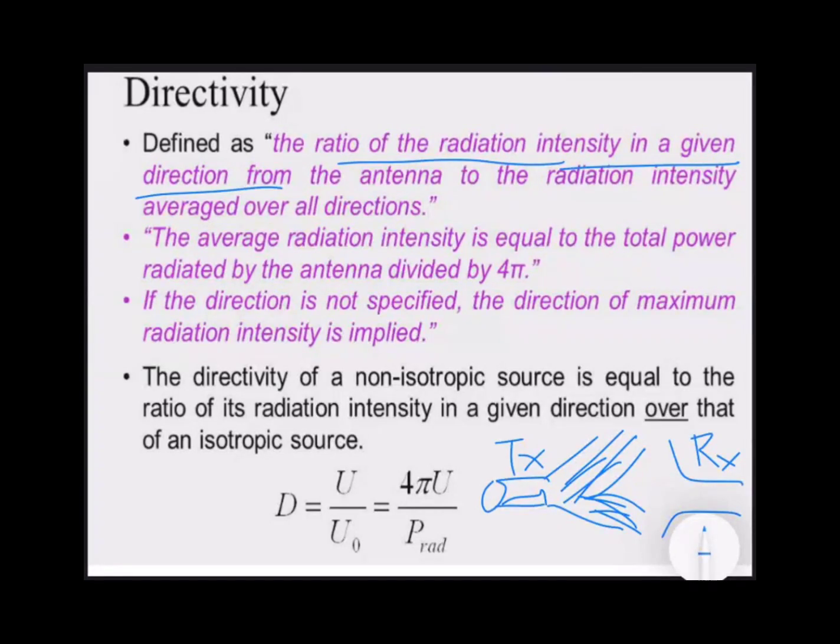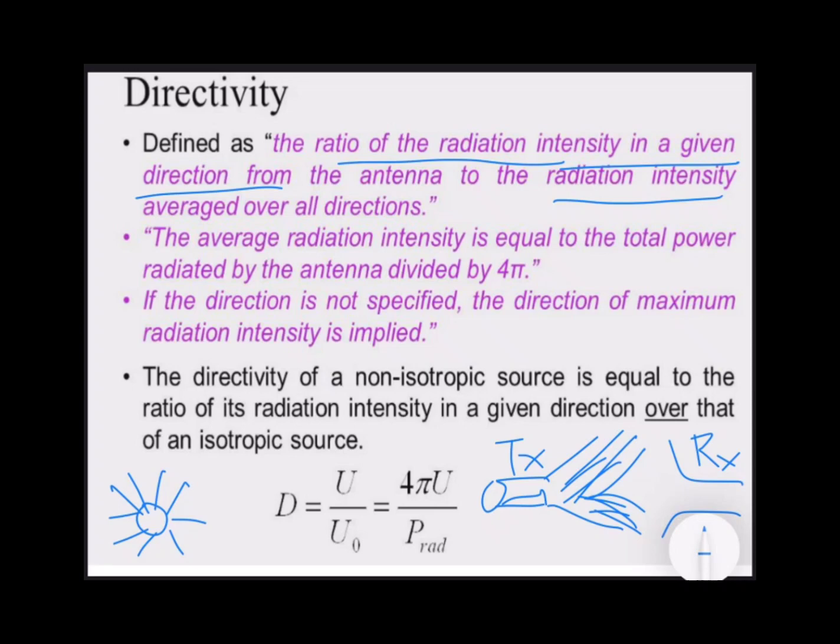That is why we say radiation intensity in a given direction from the antenna to the radiation intensity averaged over all directions. Here we are assuming that the source we are using is an isotropic source. As it is an isotropic source, we take into consideration that the power is radiated uniformly in all the directions.